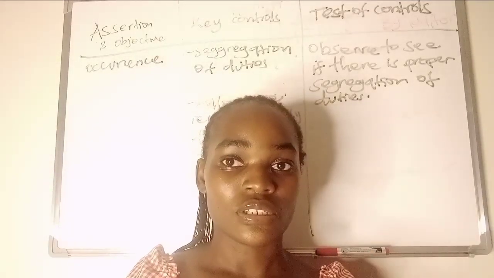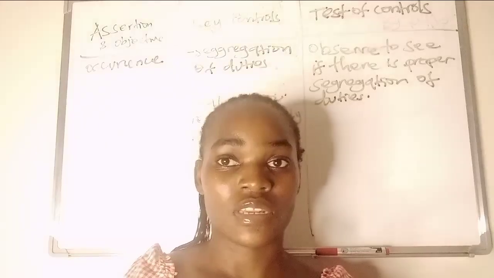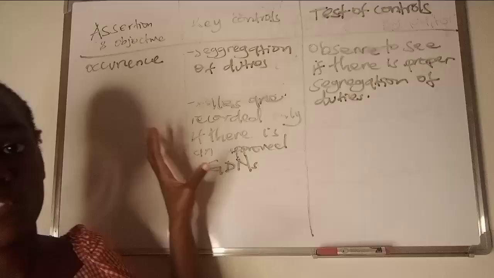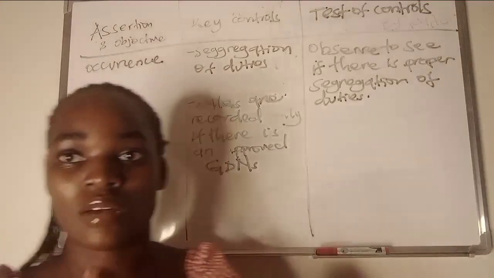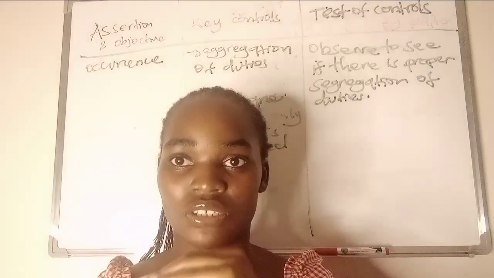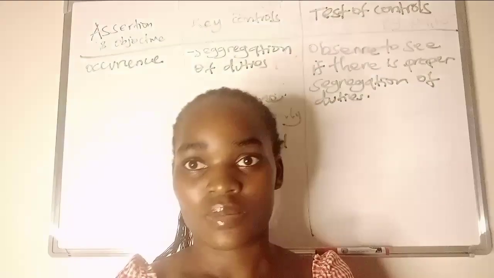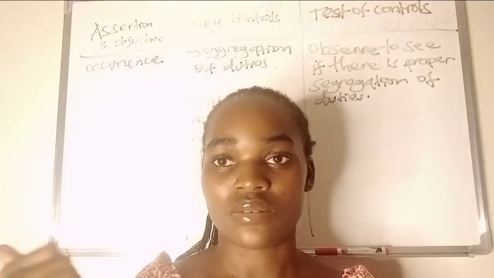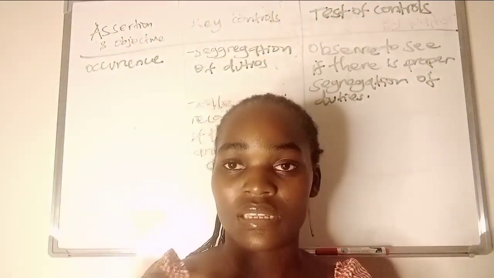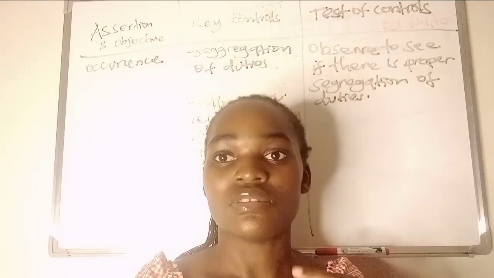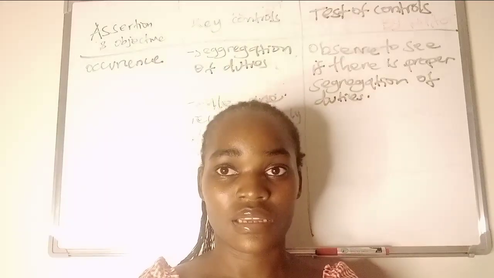That's how the auditor can get evidence that this control is actually working. Supporting documents are the other ones that we looked at. We have the sales invoices, the sales ledger, the goods delivered notes, stuff like that.